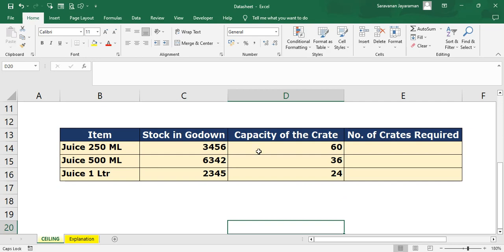Now, the crate carrying 250 ml has a capacity of 60, 500 ml has a capacity of 36, and the 1 liter juice has a capacity of 24.